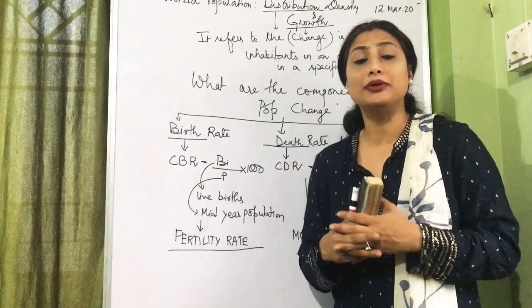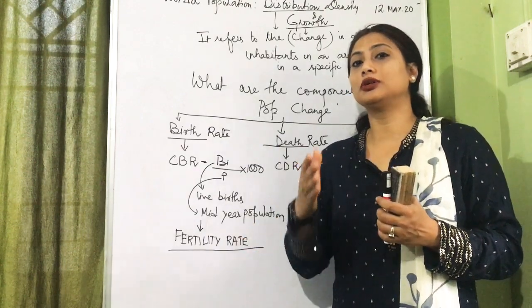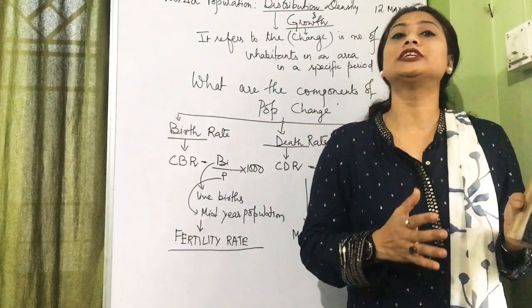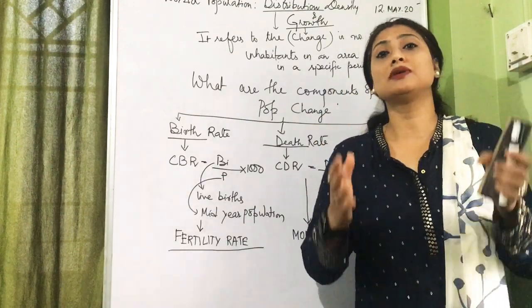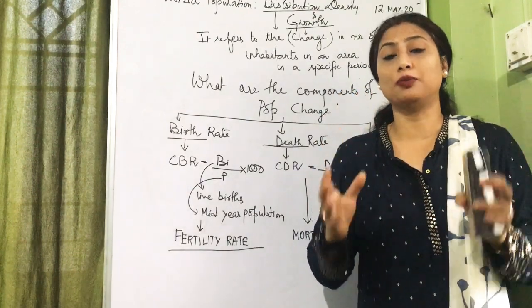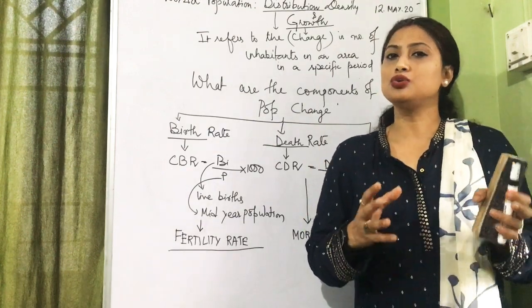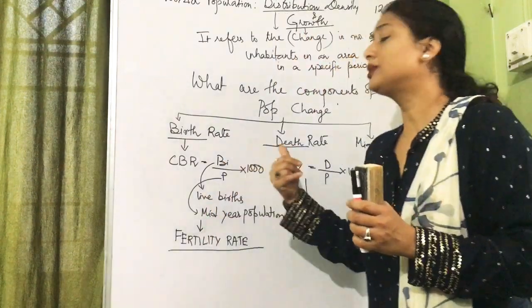And do you know what happened to this policy? With the course of time, because abortions were made legal, instead of one child policy, it became a one son policy. China had maximum sex selective abortions because everyone wanted to have a son. So you can see how the policies of the government get affected by the birth rate.